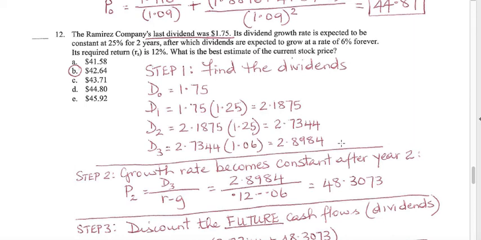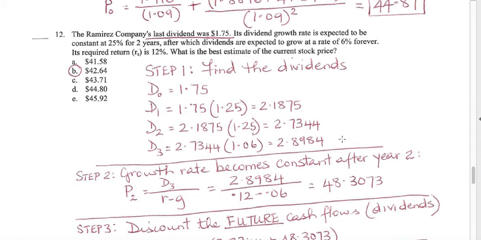As we just said, the growth rate becomes a constant 6% forever after year 2. So you want again to find the price of the stock in year 2. And that is equal to your dividend in year 3 over R minus G, which is equal to $48 and about 31 cents, 48.3073.